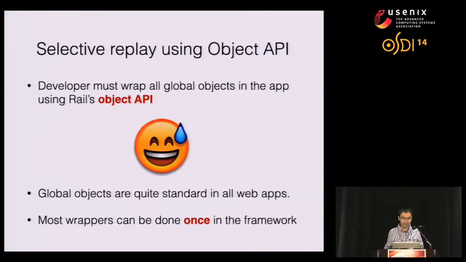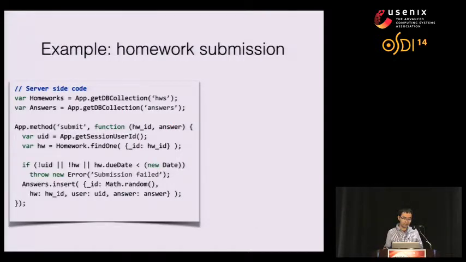Let's look at an example. Here is some server-side code written in Meteor framework. The code defines an RPC method called submit that allows users to submit answers to homework. So when porting this code to Rail, the only thing that the developer needs to worry about is the way she accesses the date and random numbers, but nothing else.